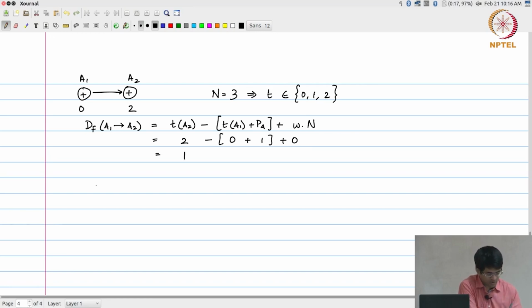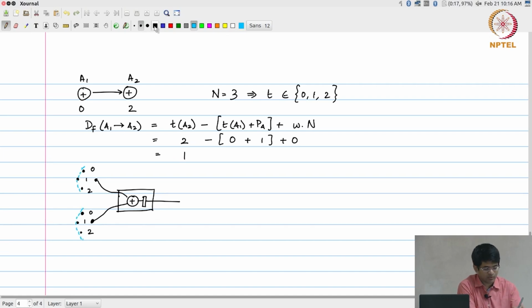And if I want to draw the equivalent hardware architecture, it essentially says it will look like this adder, right. So now there are three choices out here. And I now need to decide what happens at each time. t of a1 is 0, so a of n and b of n need to be made available as inputs to the adder at time 0.